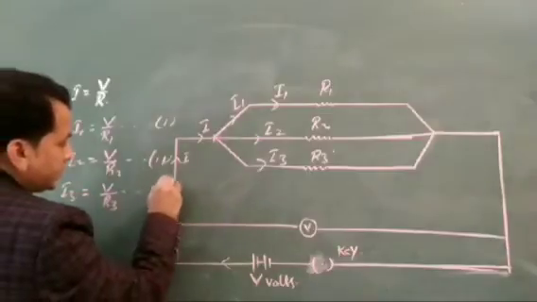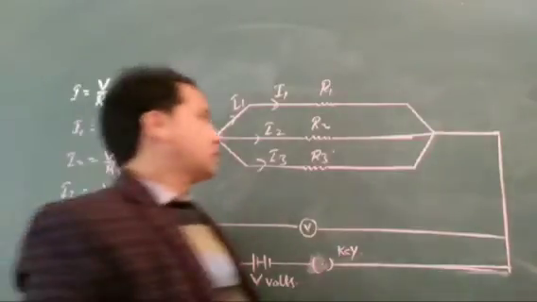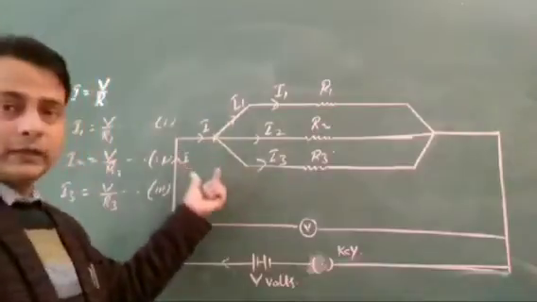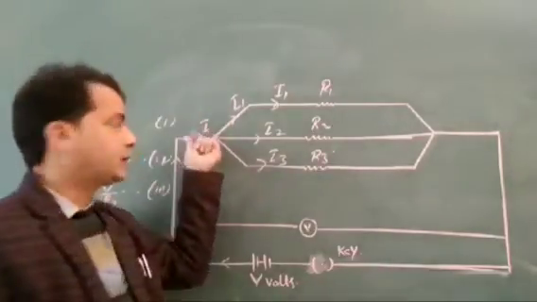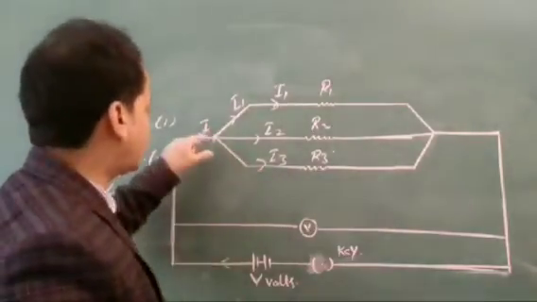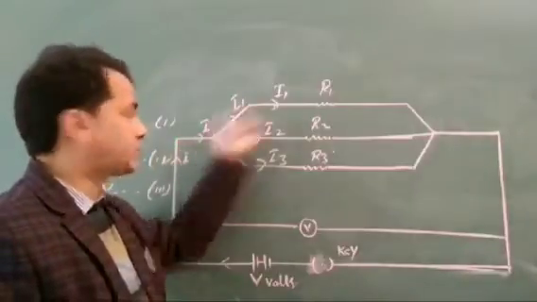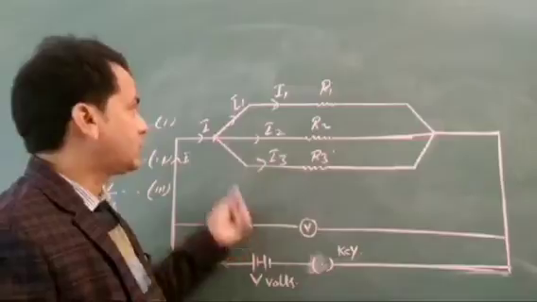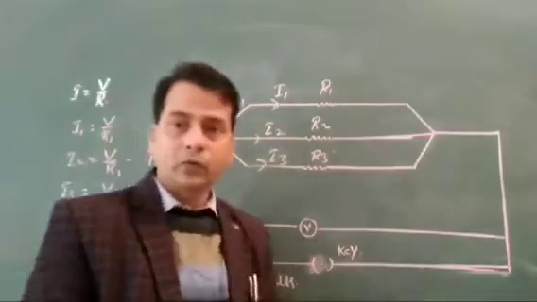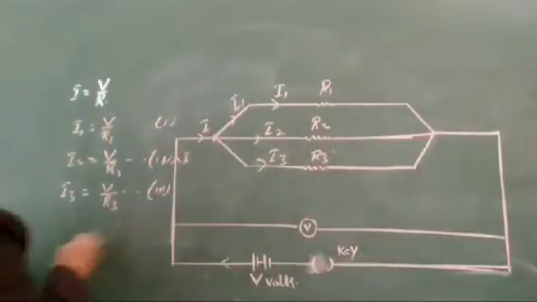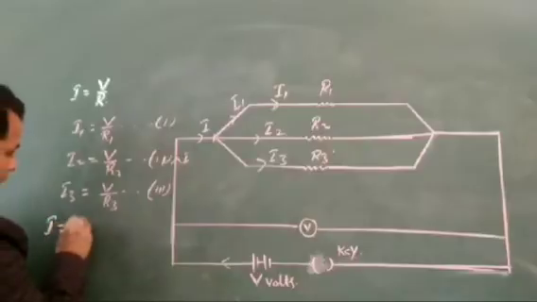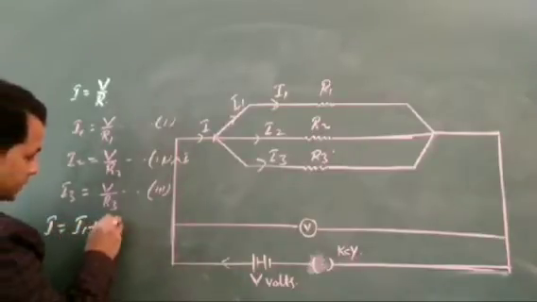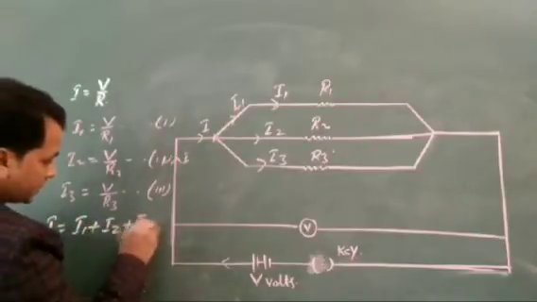That is the third equation. So here the net current in this circuit is I, and the net current is distributed in the three paths I1, I2 and I3. So net current equal to I1 plus I2 plus I3.